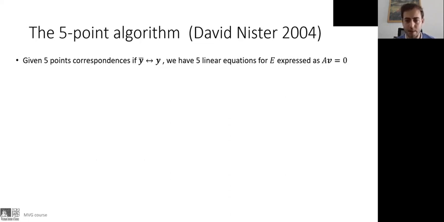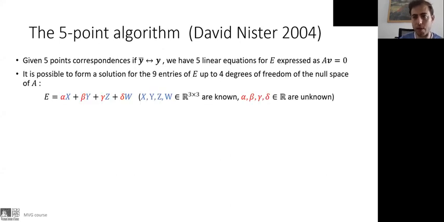So in this case, we actually don't have a single solution for E. We have a solution for the equations up to 4 degrees of freedom, as the dimension of the null space for A in this case, right? Because we have 9 columns and 5 rows.